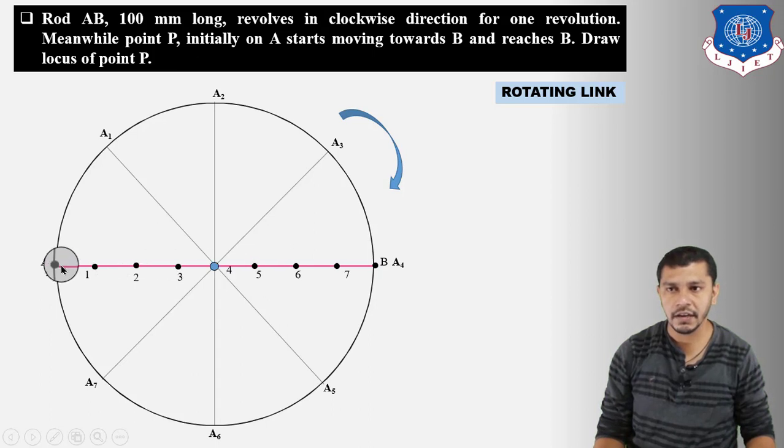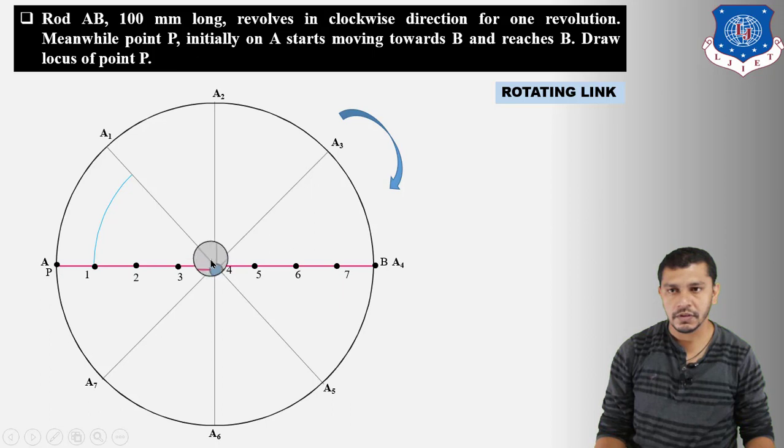Now after dividing this length AB into 8 equal parts, take center at 4, which will be the center of the circle, radius equal to 4 to 1. Give an arc on A1 over here exactly. Take center at 4, radius equal to 4 to 2. Give an arc on A2. Take center at 4, radius equal to 4 to 3. Give an arc on A3.